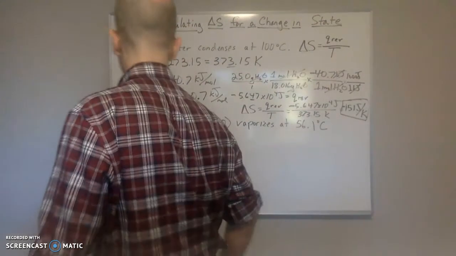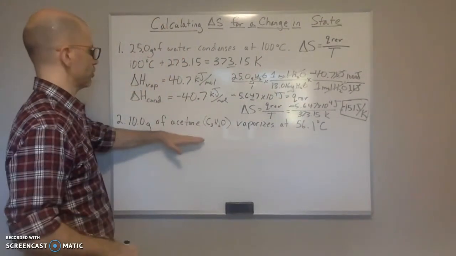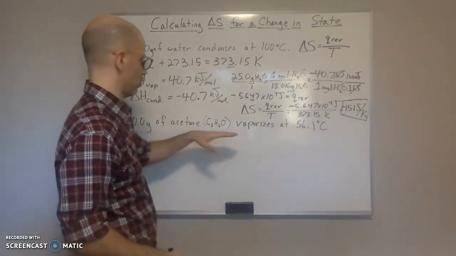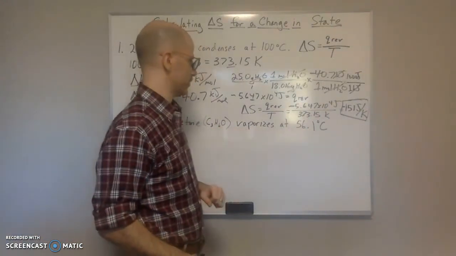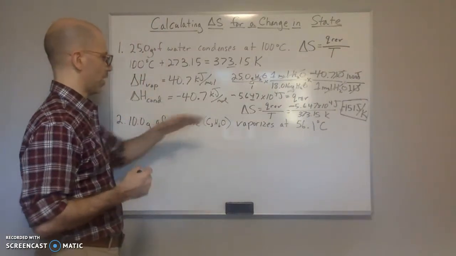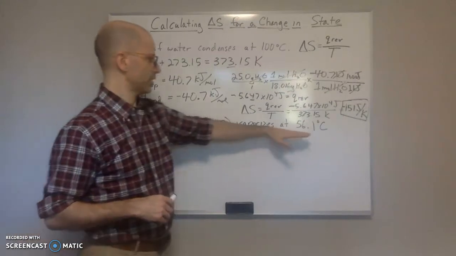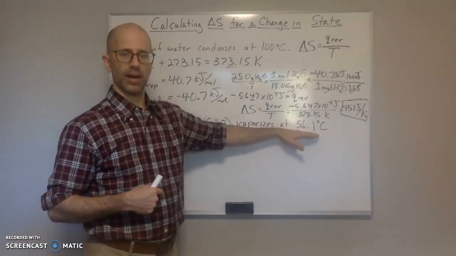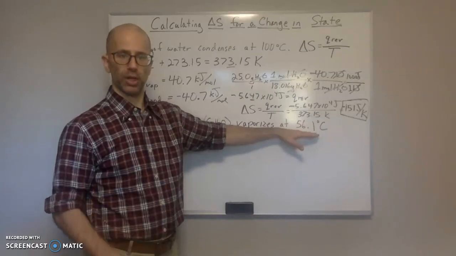Okay, now for the second problem. Same thing. We've got 10.0 grams of acetone. It's going to vaporize at 56.1 degrees Celsius. So we're going to be vaporizing. This is the normal boiling point of acetone.